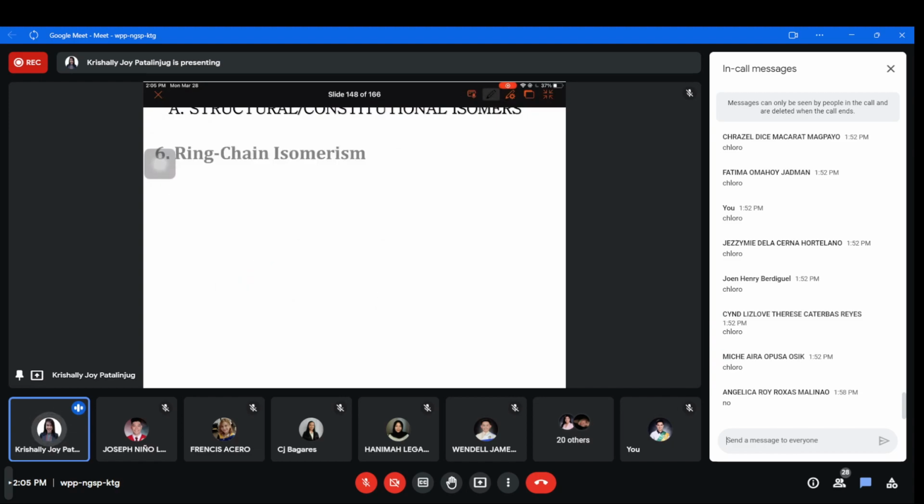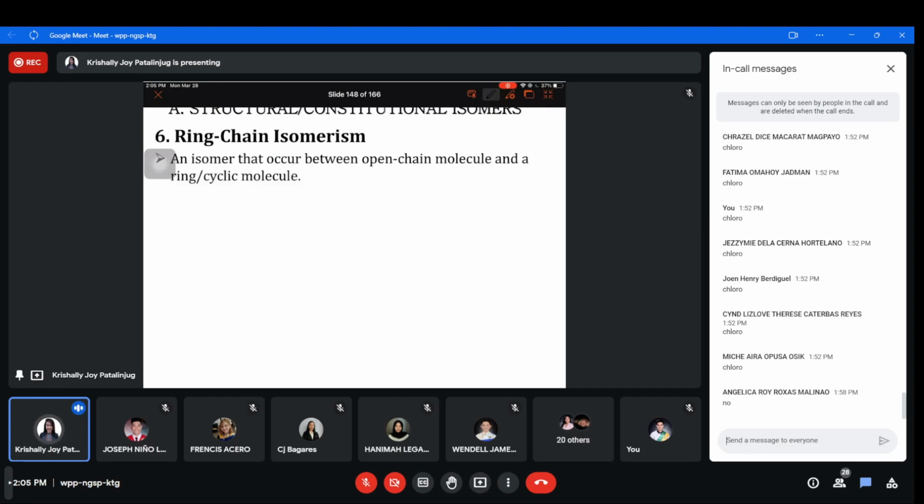Okay? And then for the last one, ring chain isomerism. Yung ring chain isomerism naman, you have a ring structure, then yung isa naman na structure is an open chain. Okay? I repeat, you have an open chain molecule and yung isa is a cyclic ring. Okay? So yung example dito are alkenes and cycloalkanes. Recall, if you try to scan over your notes on the general formula ng alkenes and also cycloalkanes, they have the same general formula, CnH2n.